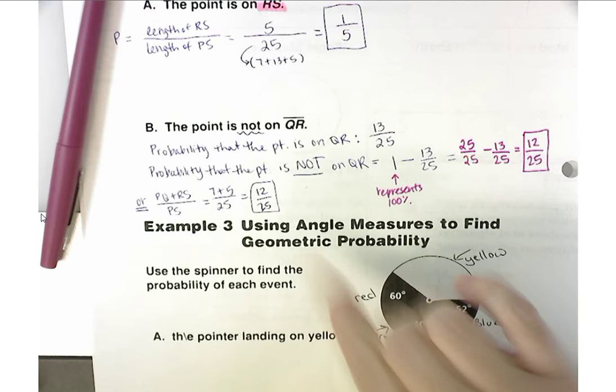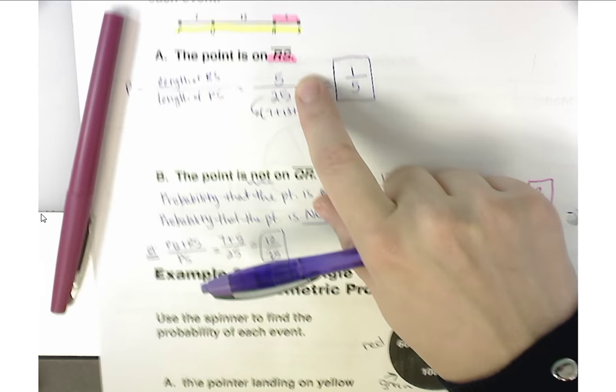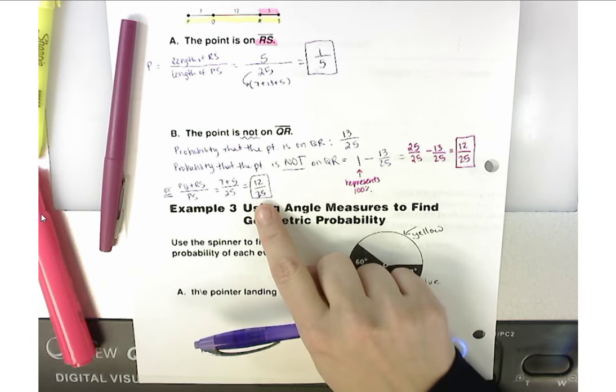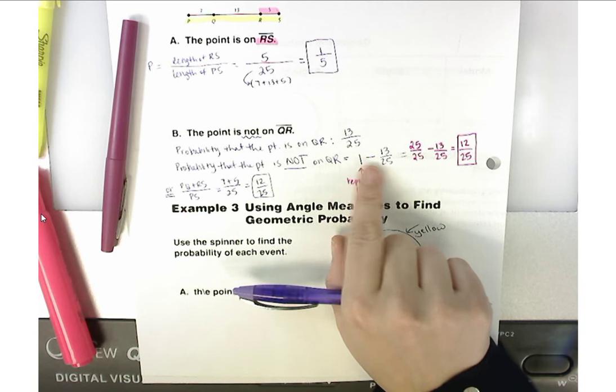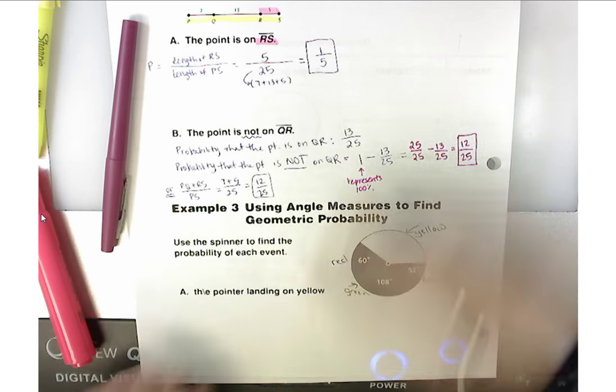Now, on one like this, really either one is going to be pretty quick for you. Like I said, if there's more options, you're going to want to use the complement. So if it's not on QR, you can always do 1 minus that value.